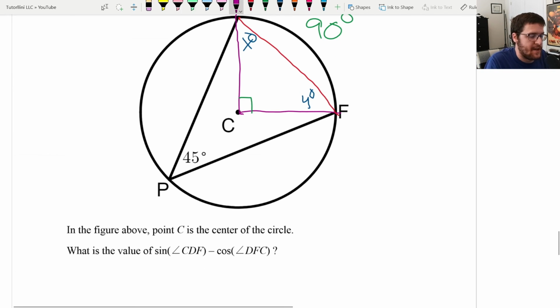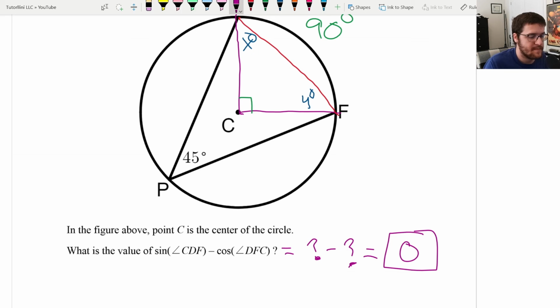So that means the sine of one is equal to the cosine of the other. And that means this expression is equal to something which I don't know minus something else which I don't know. If you ever subtract two identical quantities, you always get 0. Okay, that's it. Let's go back to the slides.